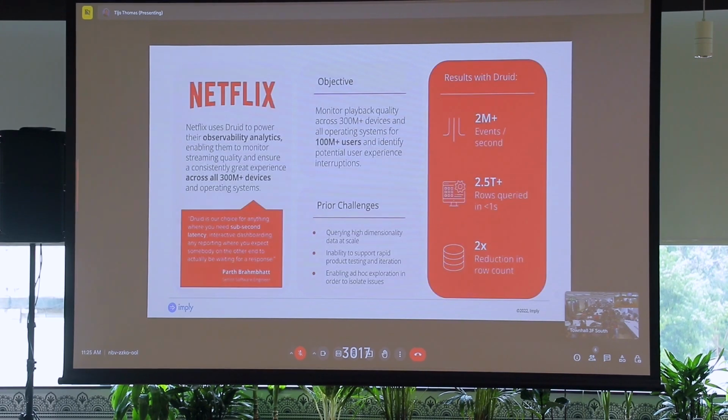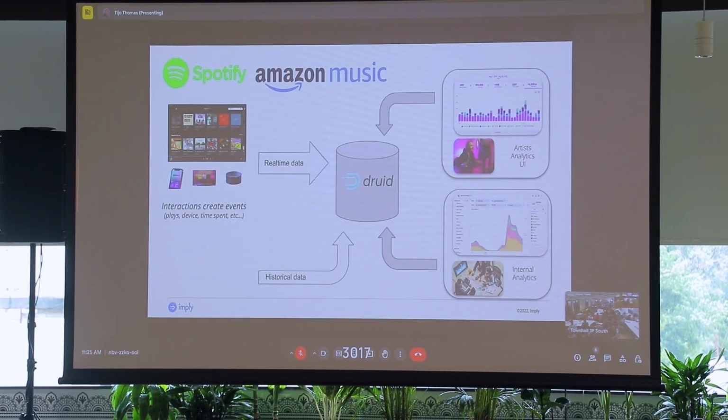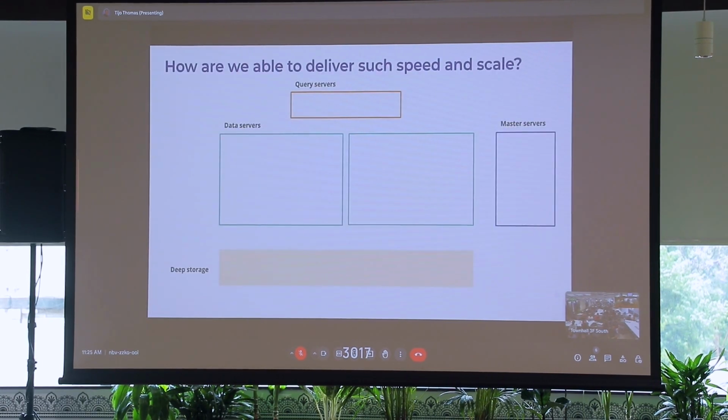Okay, yeah, so I'm just rushing through: 2 million events per second, 2.5 TB rows queried in less than 1 second, 2x reduction once they moved to Druid. Okay. Yeah, Amazon Music is also using Druid. Yeah, okay, these are some of the users.